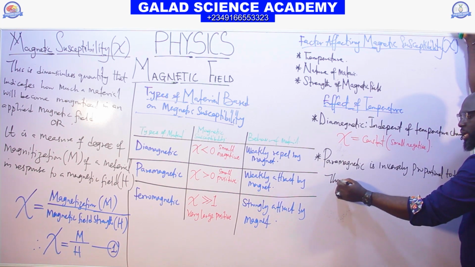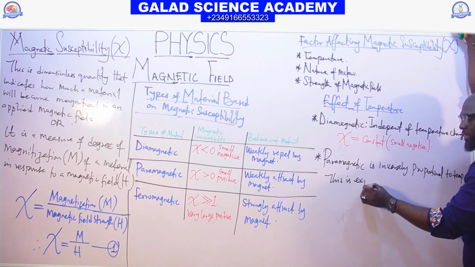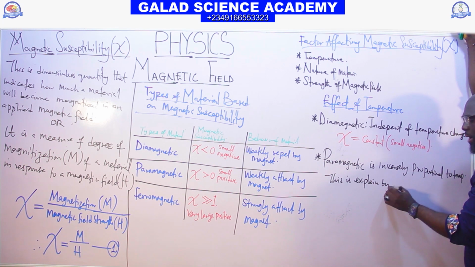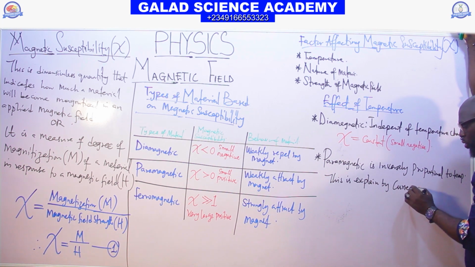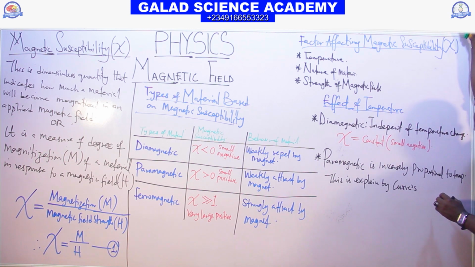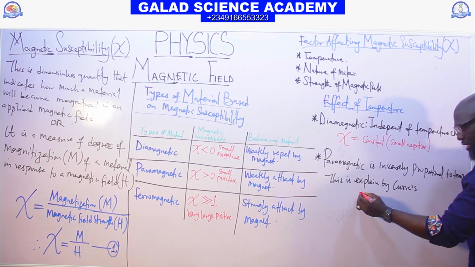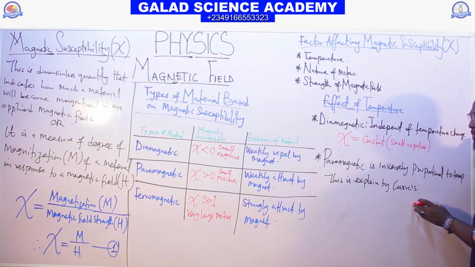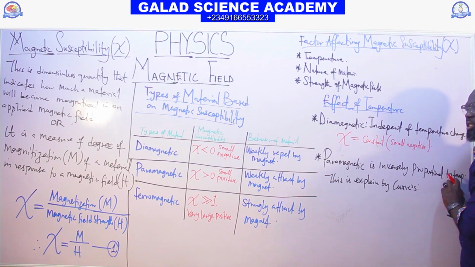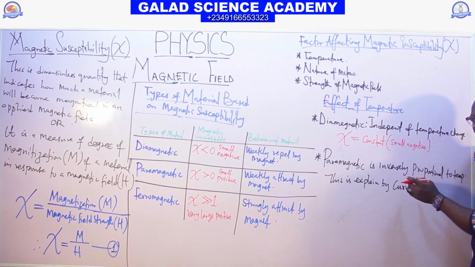This is explained by Curie. And Curie is the one that tells us that the susceptibility of a paramagnetic substance is inversely proportional to temperature.